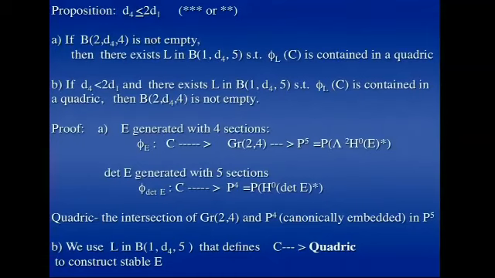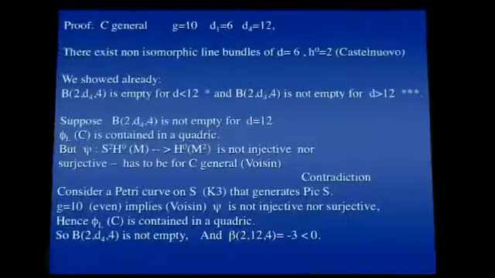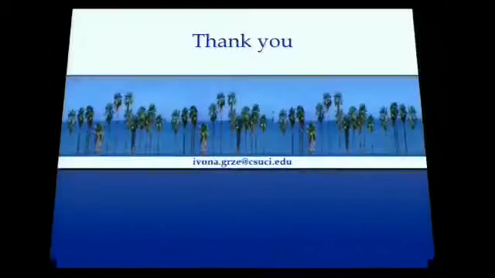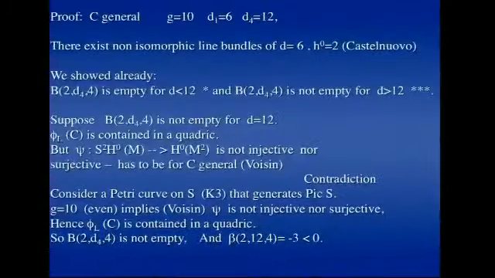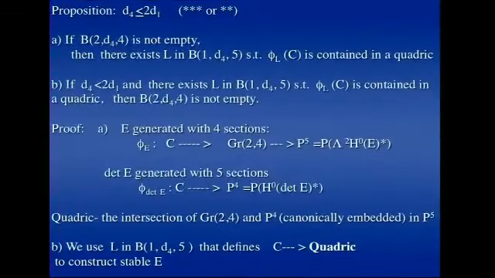Now, what happens then? If we have a bundle that's not empty, then we have a line bundle of the same degree with 5 sections, and this bundle gives you the embedding that's contained in the quadric.